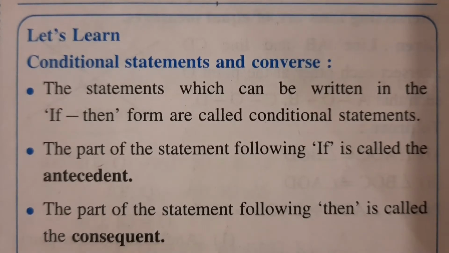Now understand one thing. If any statement in geometry can be written in the if-then form, then those statements are called conditional statements. The part of the statement following if is called the antecedent, and the part of the statement following then is called the consequent.